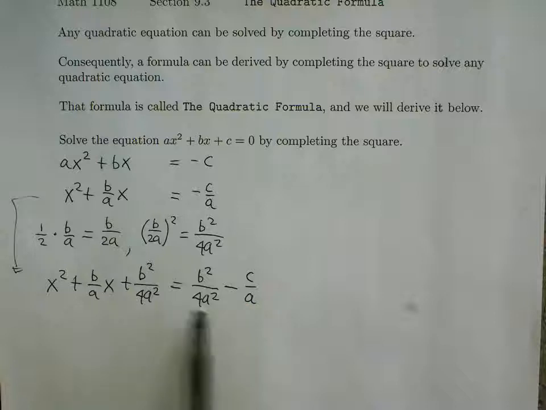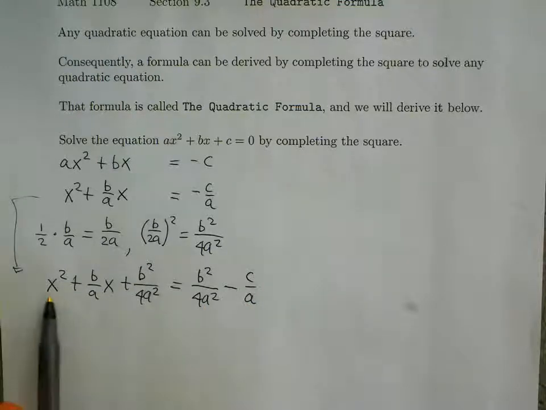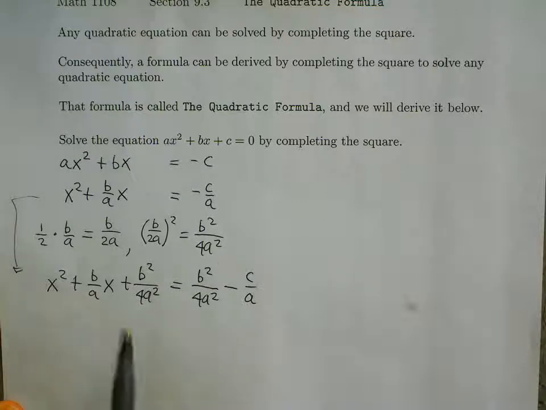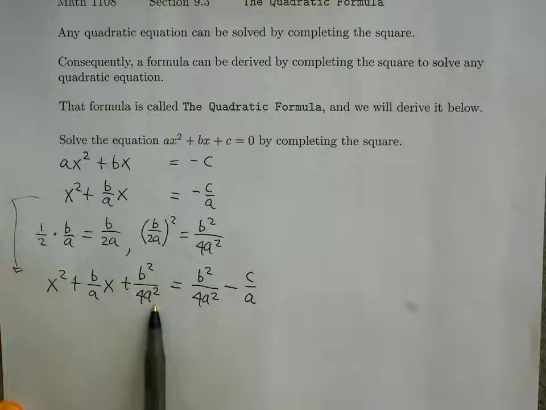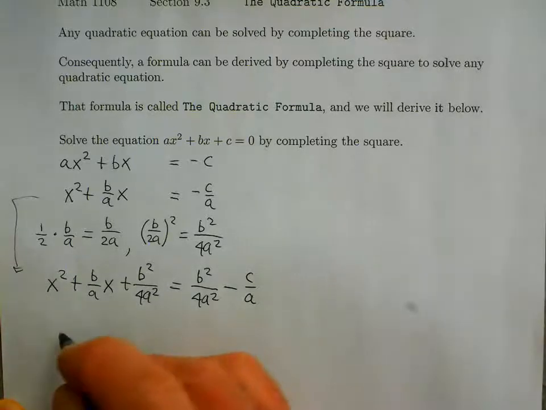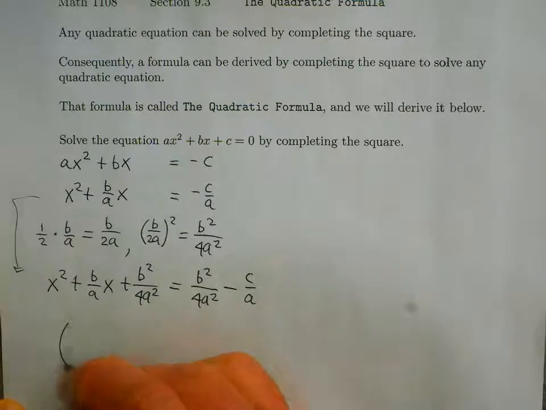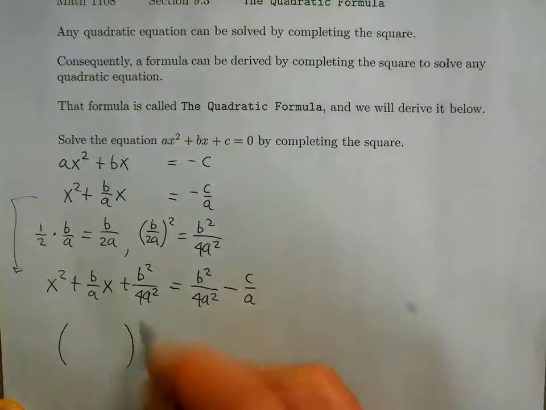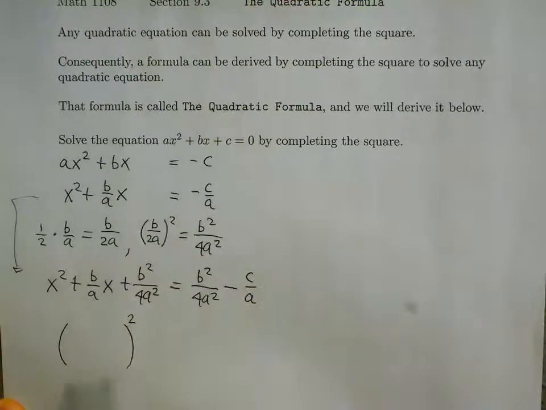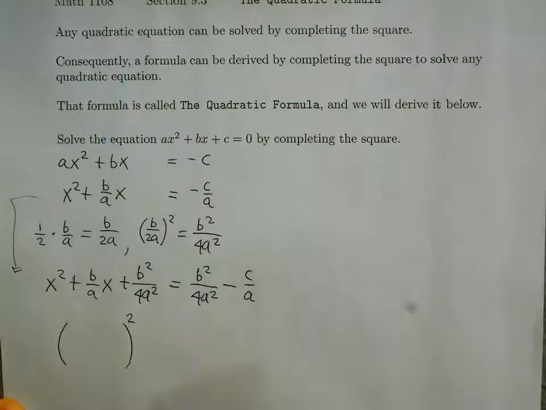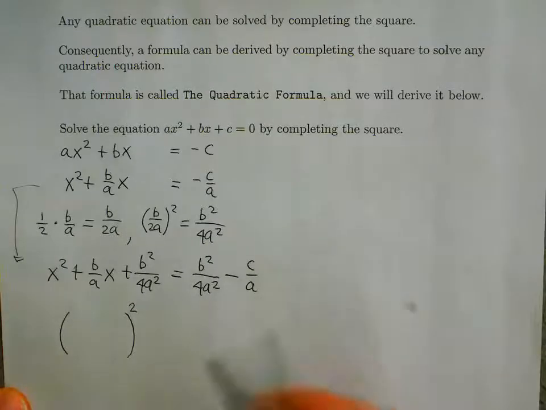So we can do a couple of things at once in the next step. Since this is a perfect square trinomial, x squared plus b over ax plus b squared over 4a squared, that is equal to some binomial squared. We'll come back and figure out what that binomial is in a minute.